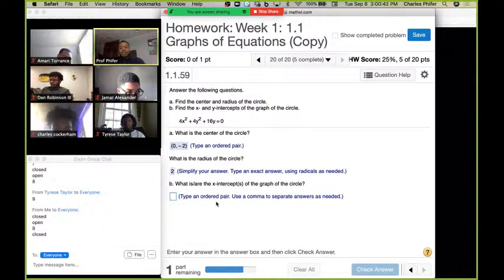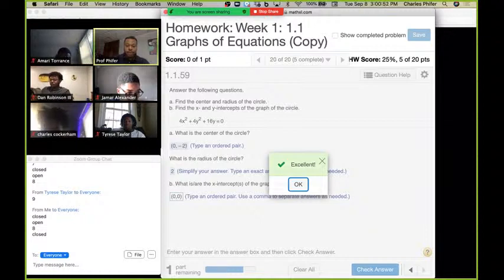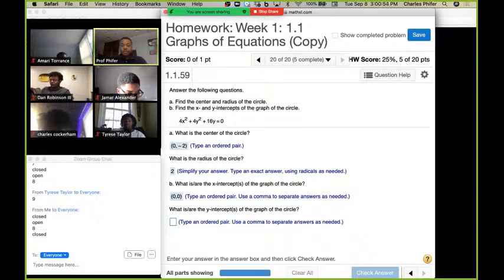So notice this one says type an ordered pair. So the x-intercept is only the origin. The y-intercepts, we had the origin, and when y was negative 4.